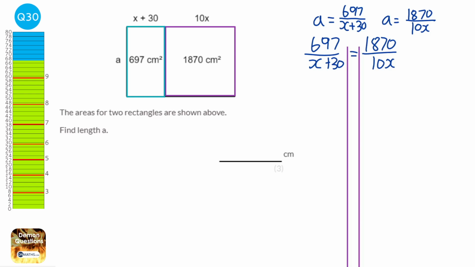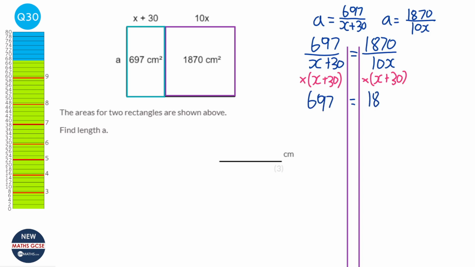And I'm going to times both sides by the x plus 30, so I can get rid of the denominator on the left hand side. And so this will just be 697 on the left hand side because that gets rid of the denominator. And it would be 1870 times x plus 30, and then all of that over 10x. Same thing again, but I'm going to get rid of the denominator on the right hand side, so I'm going to times both sides by 10x.